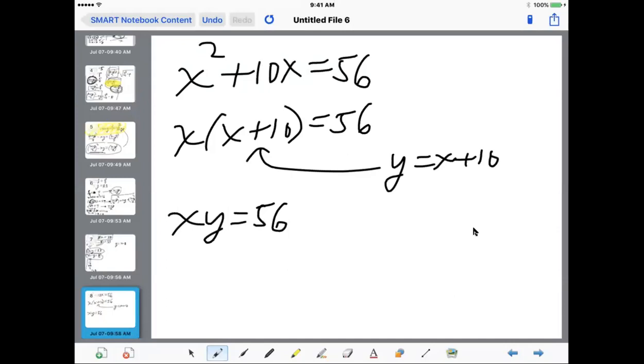But what's this other equation? What do you think this other equation is that relates x and y? You can type it in. What's the relationship between x and y, based on that?